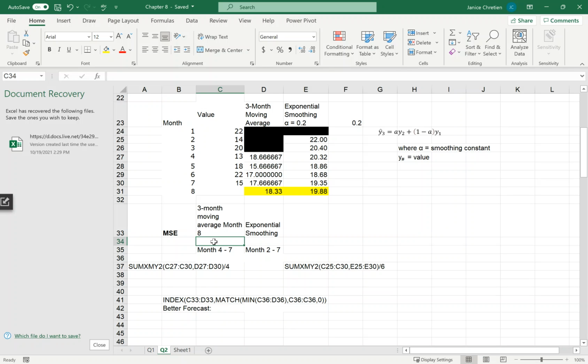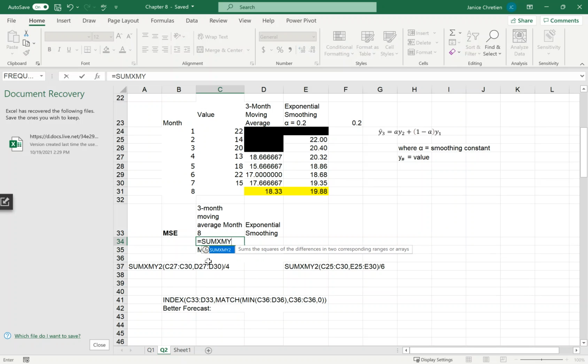So to do the 3-month moving average, equals, make sure that you type that in and don't let Excel give you options to select one, because there are several different ones. So just go ahead and type it in. And then the first thing we put in is the months 4 through 7 value, which I gave you down here.